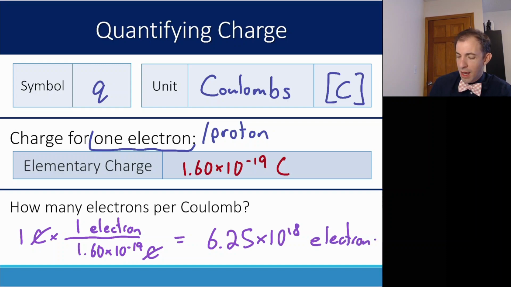So just like it is a really tiny number of coulombs for one single electron, it takes a lot of electrons to make one single coulomb. And for the record, that's the same as the number of protons required for a coulomb. The only difference is electrons will typically be described as a negative charge, and protons as a positive charge. Quantifying charge is going to be important for us later on when we talk about force fields.